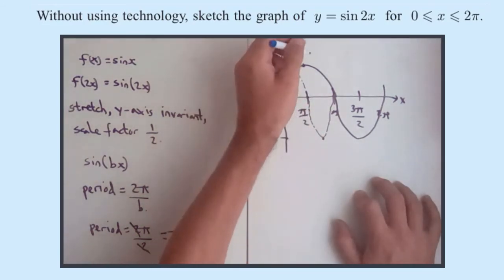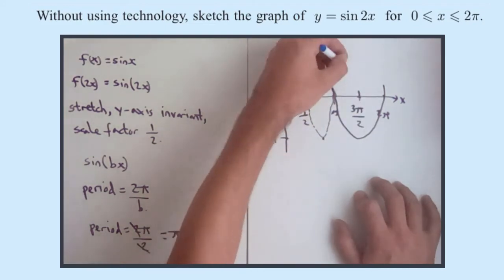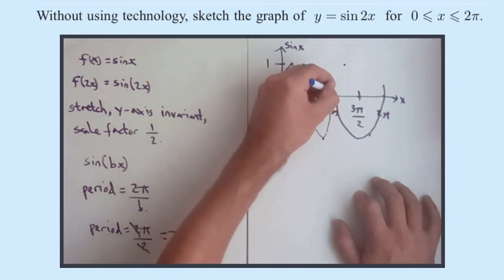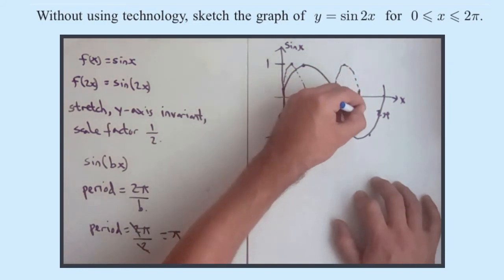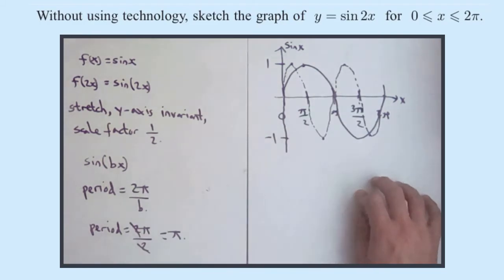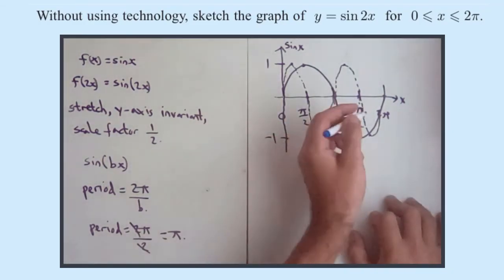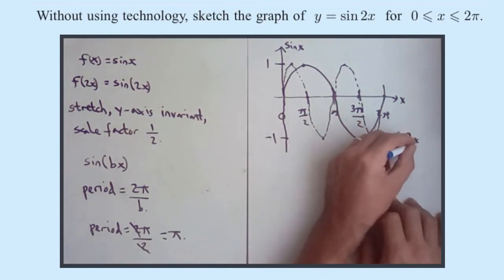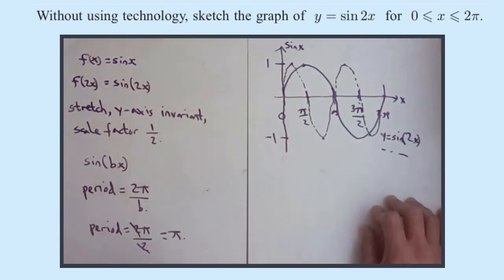So you need to recognize it's going to do the same again. It's going to go up to here, and down to there, and do another turn. Something like that, which isn't fantastic, and it is a bit wobbly, but that is the function. This is y equals sin 2x, and the initial was y equals sin x.